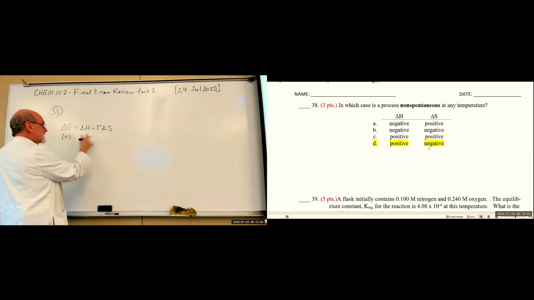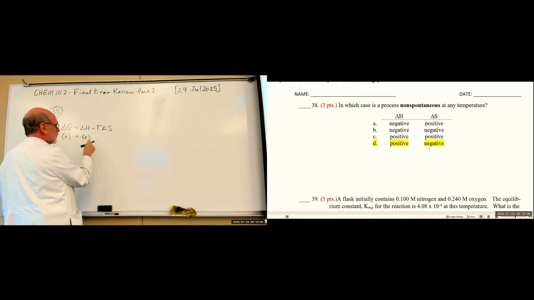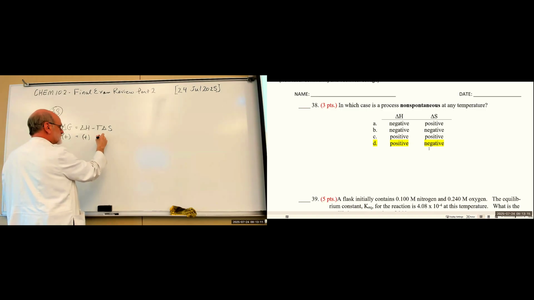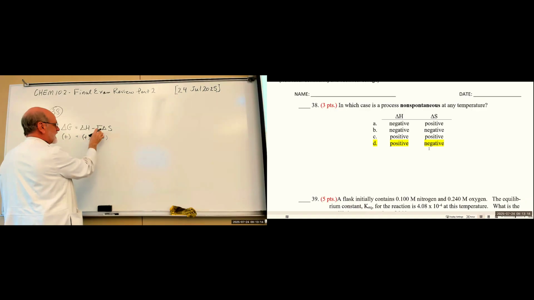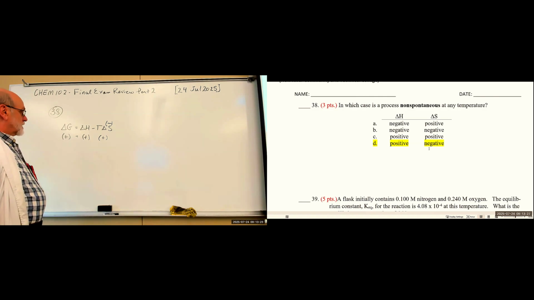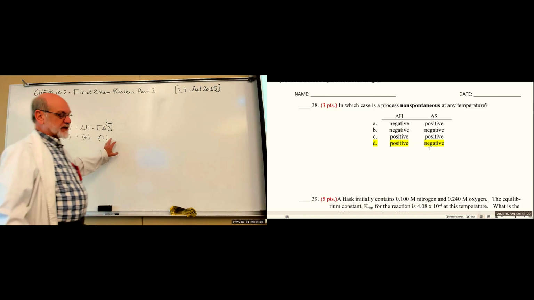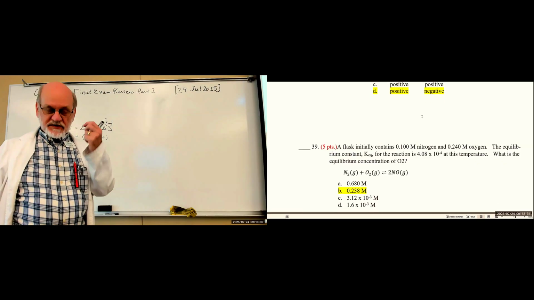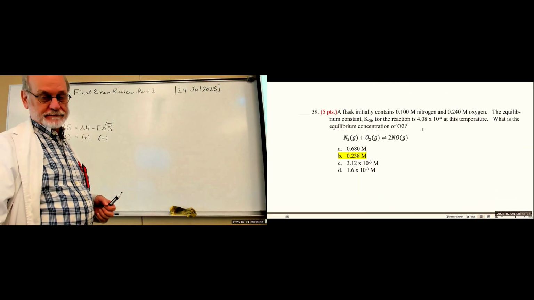What would be any temperature? Well, make this one positive for sure. And what would keep this one positive also? If this total is positive, then any temperature times a negative would give you a positive value. So delta H would be positive, delta S would be negative in order to satisfy the conditions of that problem.